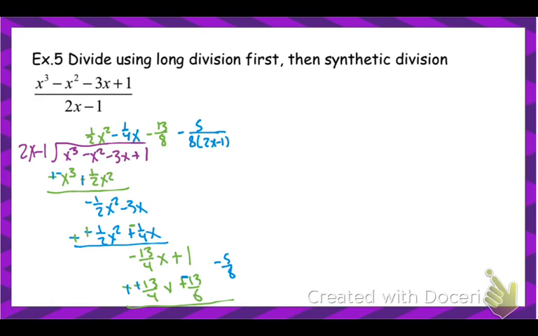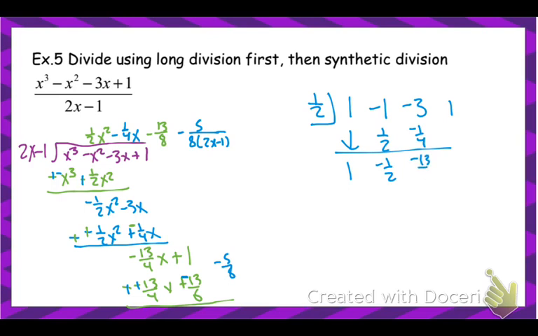Now the problem is if I try this with synthetic division, if I just try and plug in 1/2, you're going to notice I get pretty close to my answer, but not quite there. So not quite, but I'm really close to those answers. The reason it's not working out the way that you think it would, what goes here is technically what we get as a result of x minus 1/2.